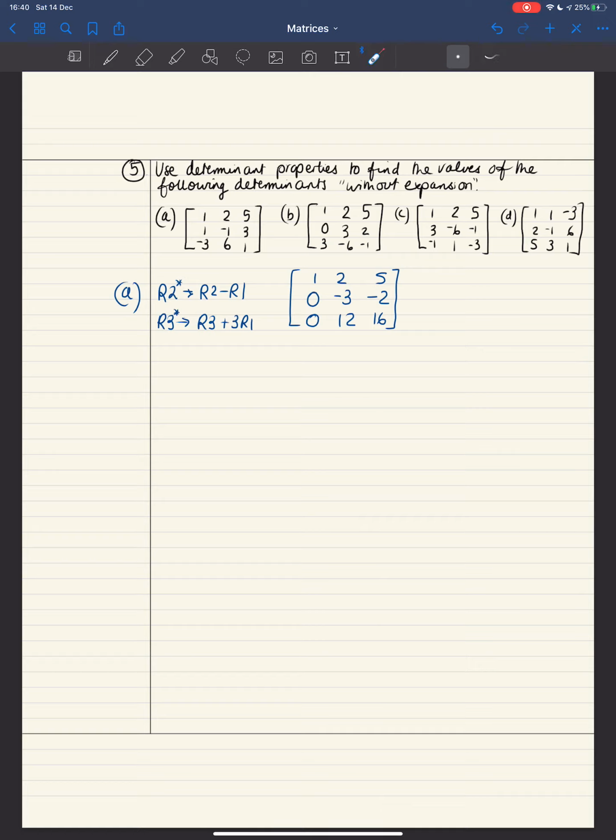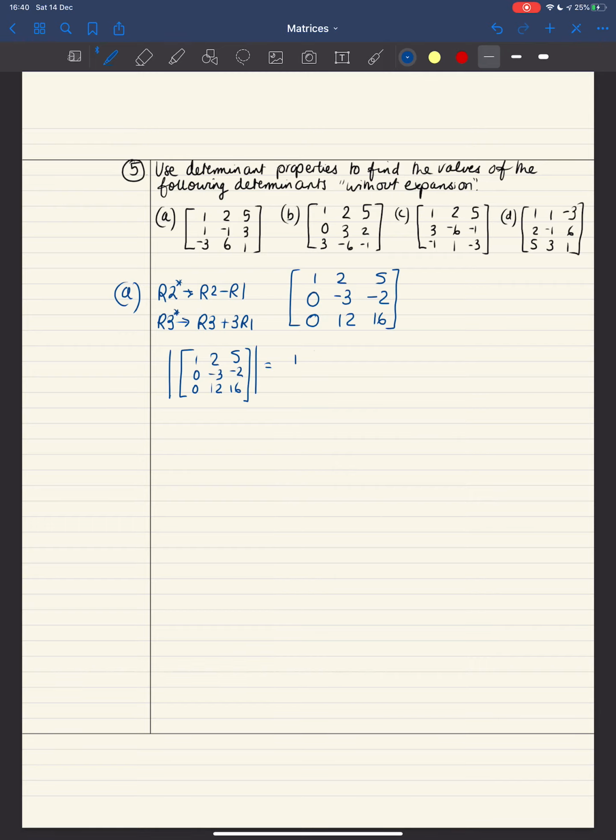Now the reason why I chose these is because I wanted a 0 there and a 0 there, and because I've got a 1 there, I've used that 1 to make zeros with these expressions. So then we can say the determinant of 1, 0, 0, 2, minus 3, 12, 5, minus 2, 16.